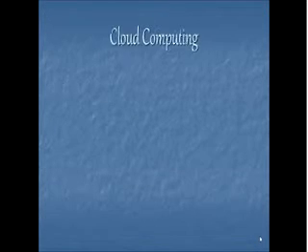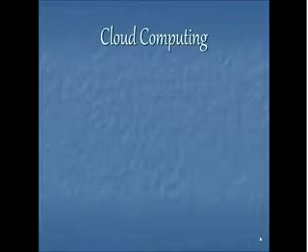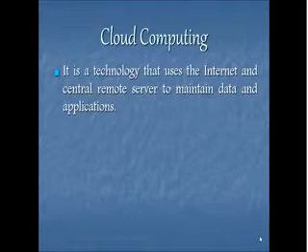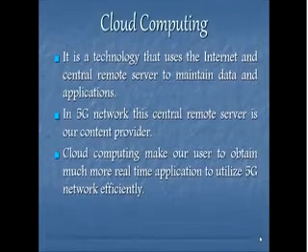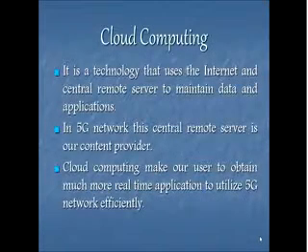The second concept which comes under nanocore is cloud computing. You might be aware of it. Cloud computing is a technology that uses the internet and central remote servers to maintain data and applications. In a 5G network, this central remote server will be our content provider.